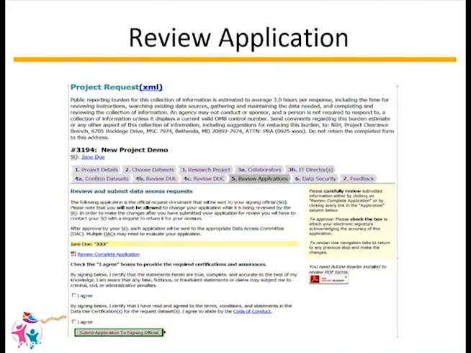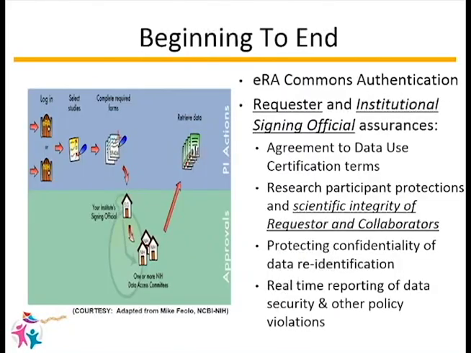The last part of the application is your signing official. You have to agree to all of what I've just said, and then you send it to your signing official. So overall, this is what it looks like from beginning to end. You start with your login that is based on an eRA Commons authentication. You as the requester, as well as your signing official, assure that you agree to the terms of the certification.